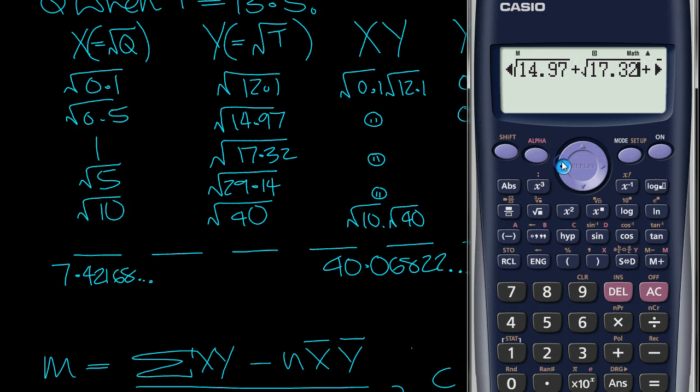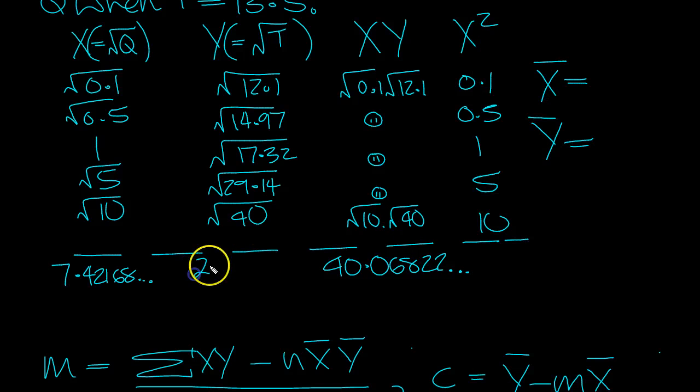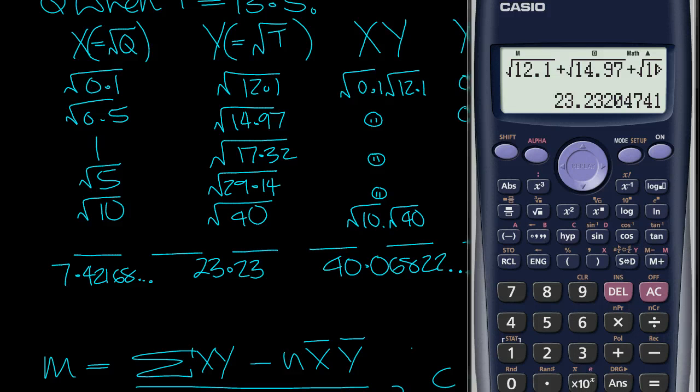That's root 17.32. 14.97 times root 0.5. So let's get rid of that. Plus root 12.1 times root 0.1. Just get rid of that then. And that should be everything. Equals 23.23204.